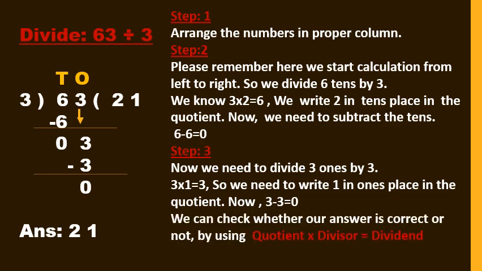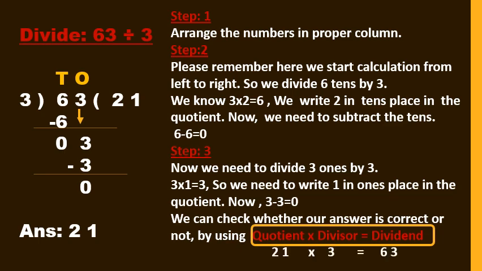Clear? Now we can check whether our answer is correct or not by using this equation. What is the equation? Quotient into divisor is equal to dividend. So here the quotient is 21 into divisor. Divisor is right 3 over here.